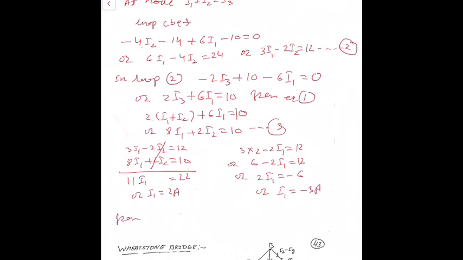From equation first, I3 is equal to I1 plus I2. So 2 minus 3 equals minus 1 ampere. Clear?